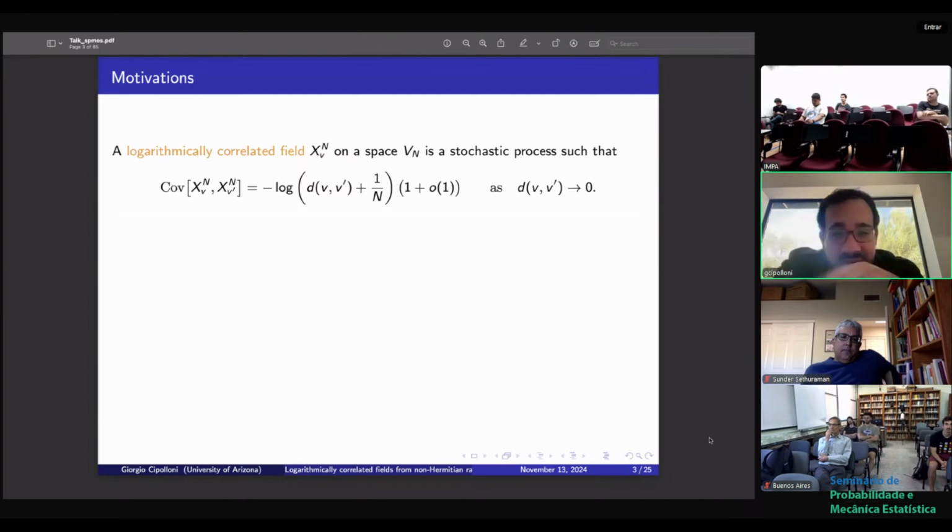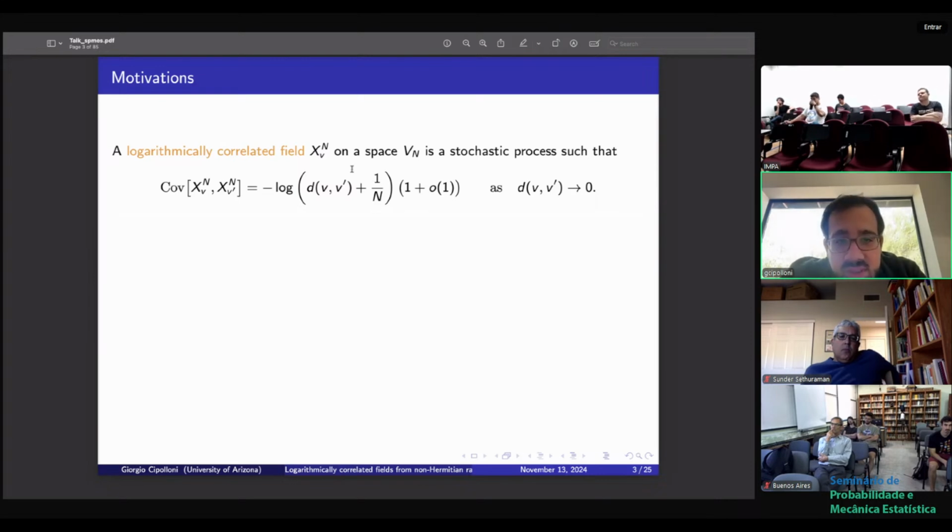Let me briefly, relatively informally, define what I mean by a log-correlated field. Maybe not so surprising given the name, it's a stochastic process denoted by X, V, n here, where V is a metric space. Just think of R^d or whatever metric space you want. It's called logarithmically correlated because this stochastic process is Gaussian and is characterized by the following covariance, which diverges logarithmically with the distance of the two base points, say V and V prime.